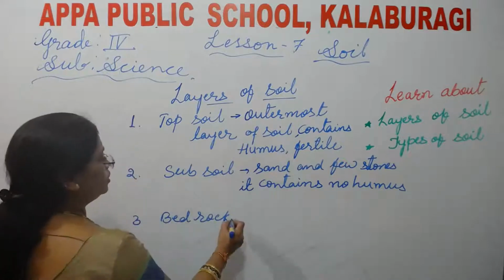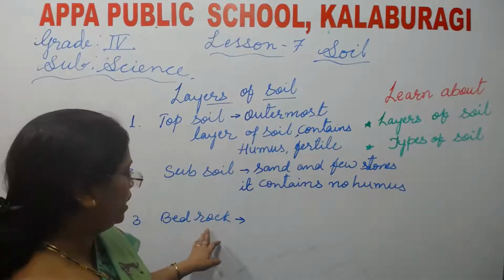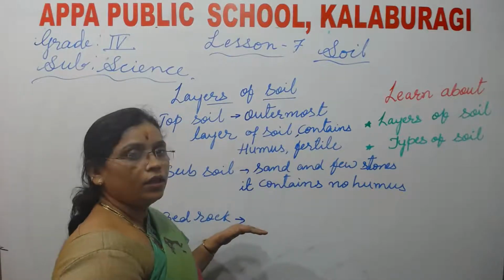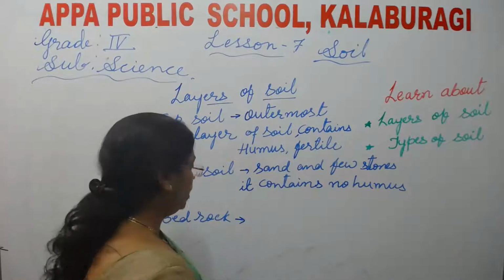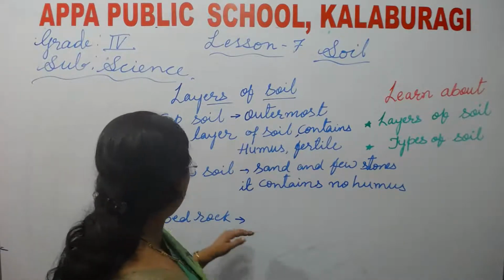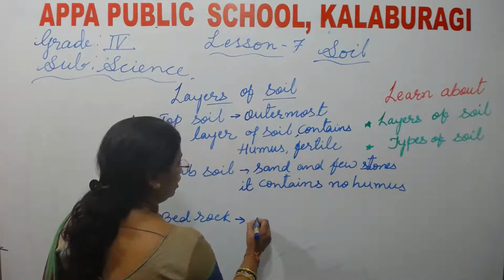And the third, the innermost layer, is called the bedrock. Bedrock has two types of rocks. The rocks on the upper side are soft and porous.